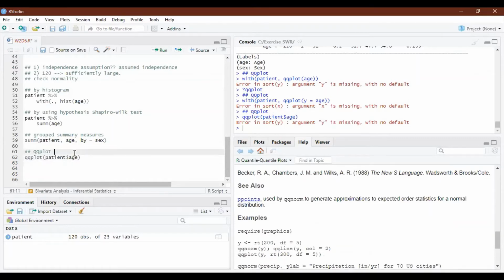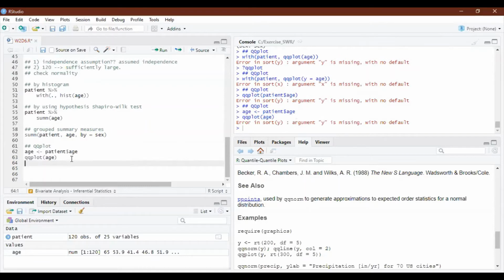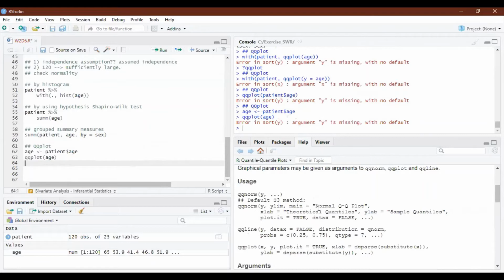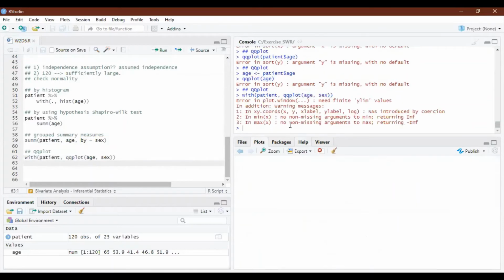Okay, let me try this. I think it should run. Okay, this is not correct.